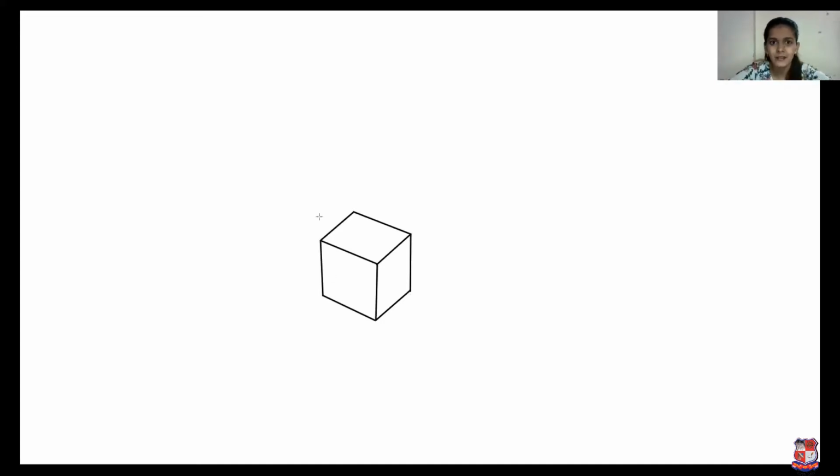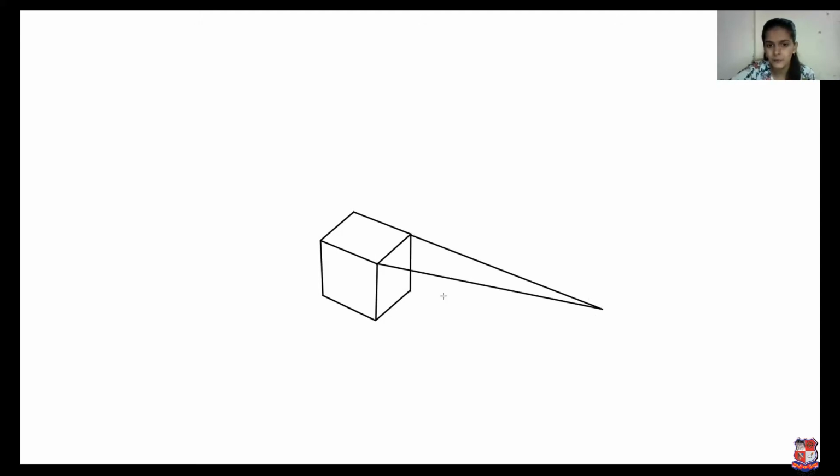Consider the lines coming out from this side first. These lines are meeting at a point. Consider it as a length.